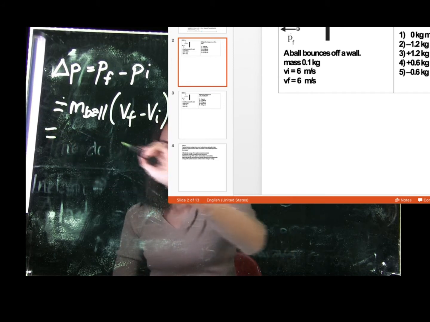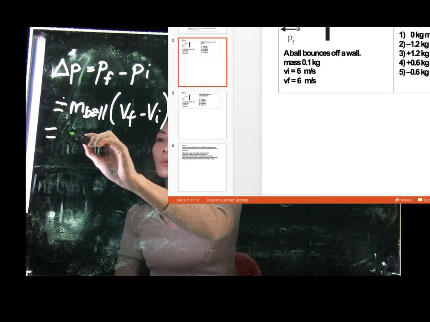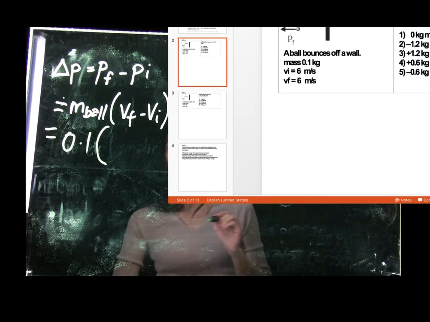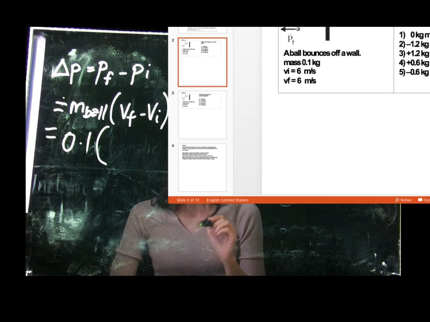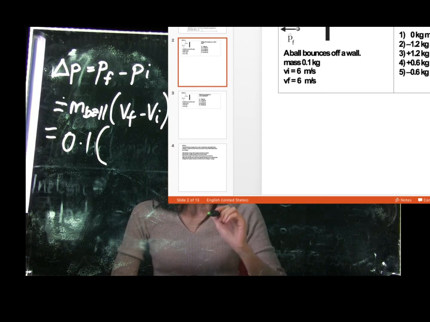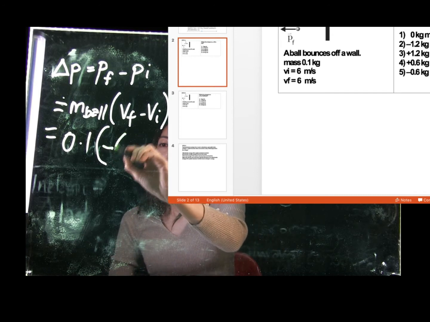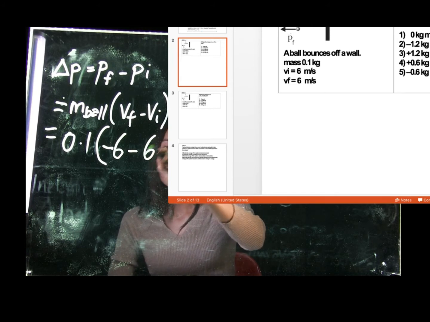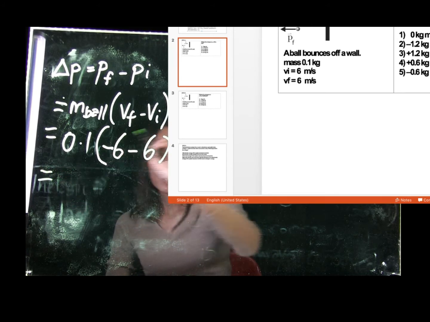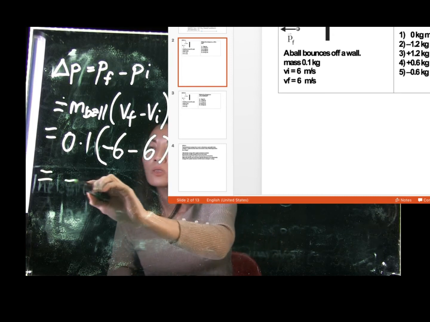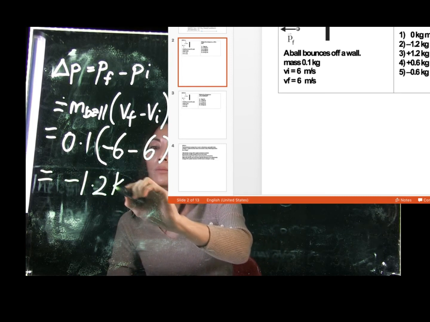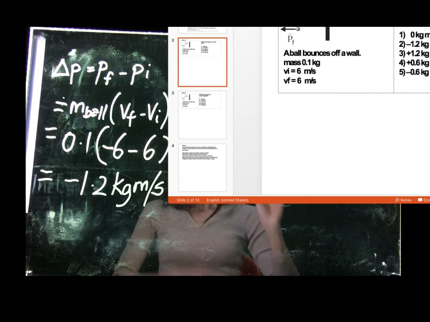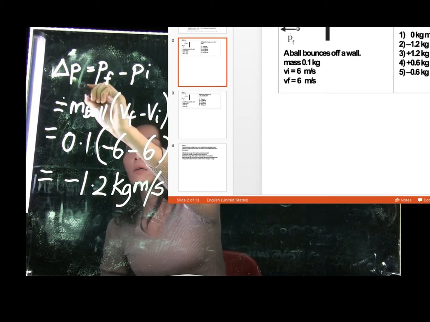Given that the mass of the ball is 0.1 kilograms, and taking note that V final and V initial are in opposite directions, V final is to the left, so it's negative 6, and V initial is to the right, so it's positive 6. Therefore, we get a change in momentum of negative 1.2 kilogram meters per second. So that's the change in momentum of the ball.